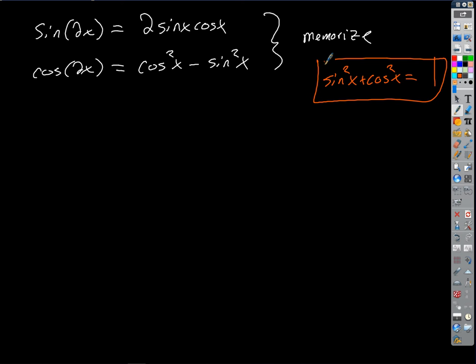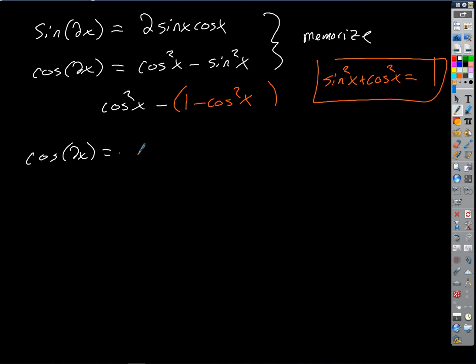So if I want to rewrite this in terms of only cosines, all I'd have to do is replace sine squared x with 1 minus cosine squared x. So we end up with cosine squared x minus, sine squared is 1 minus cosine squared x. Well, if I just distribute the negative, doesn't that just give me cosine squared x minus 1 plus cosine squared x?